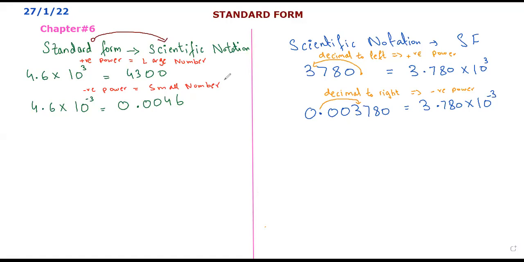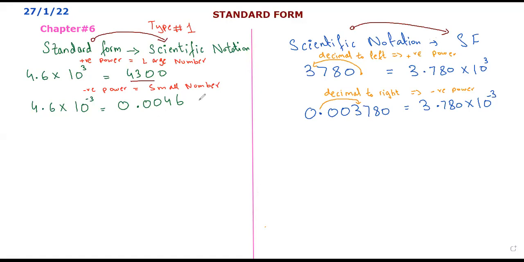By scientific notation, they mean these types of numbers, the ones which we have been using, decimal numbers and whole numbers and stuff like that. And the second type could be that they give you the scientific notation and ask you to convert it to the standard form. Okay. Let's focus on type number one first.